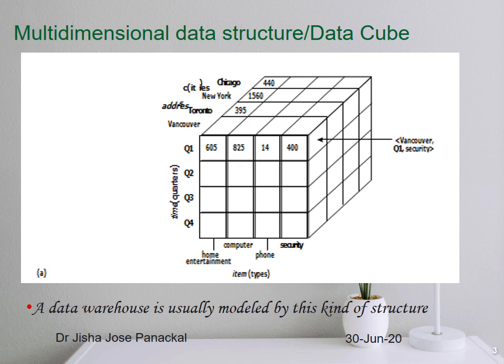That is address, and in brackets we have cities. These are the 3 dimensions represented in this particular figure. And on the bottom side we have different types of items. For example, home entertainment, computer, phone, security.